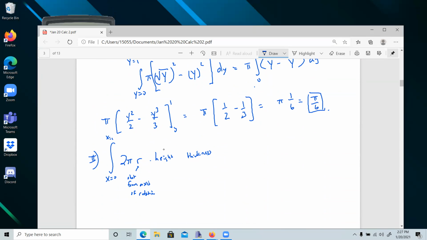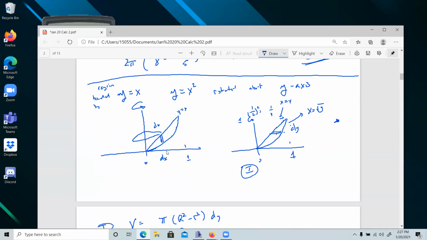So this is equal to 2 pi x, that's my circumference, because x is the distance from the axis of rotation. The height is going to be y equals x minus, y equals x squared.